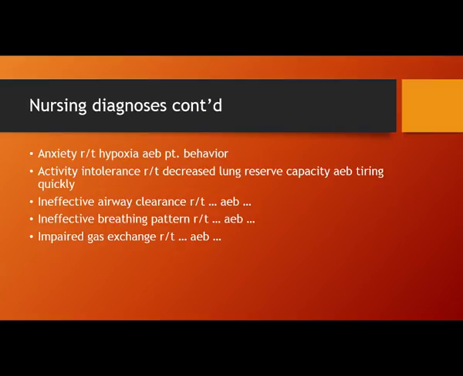So impaired gas exchange is a problem at the alveolar level. So when you're doing a care plan, be careful about which one of those you select. Think about what is really going on here and be careful about which one you select.